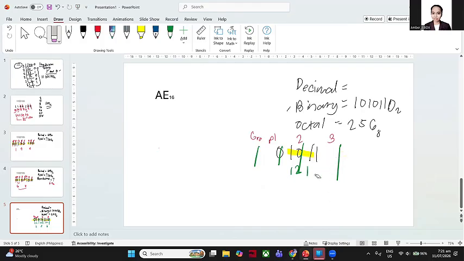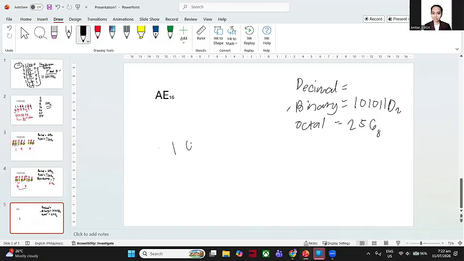So how about decimal? Okay. Let's rewrite our binary, 1, 0, 1, 1, 1, 0. Remember the 1, 2, 4, 8, 16, 32, 64.